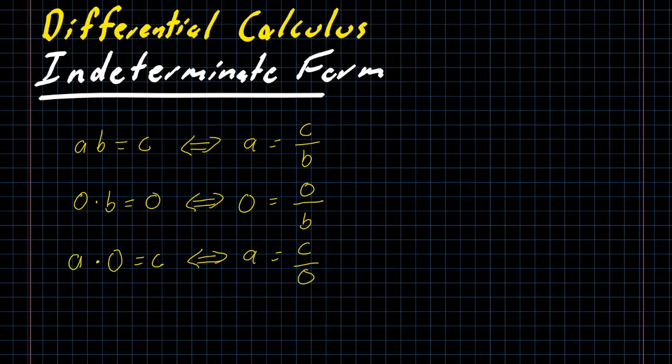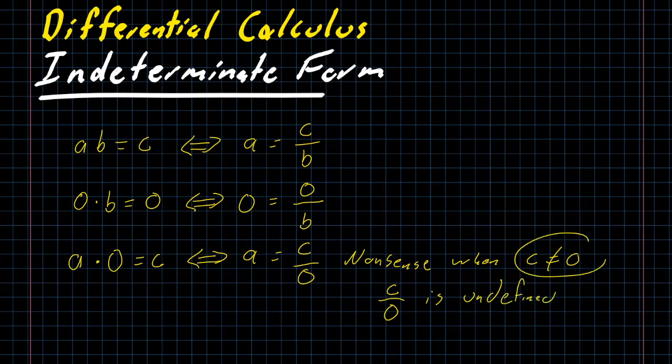And we know that this is, well, nonsense. That is why dividing by 0 is undefined. C divided by 0 is undefined when we have that C is not equal to 0.